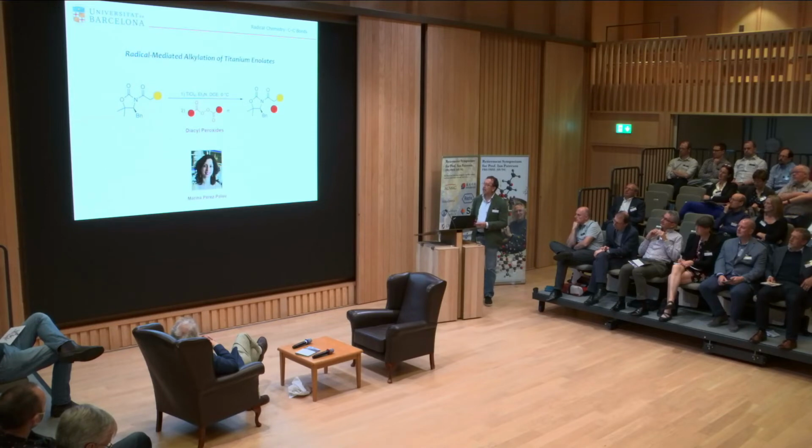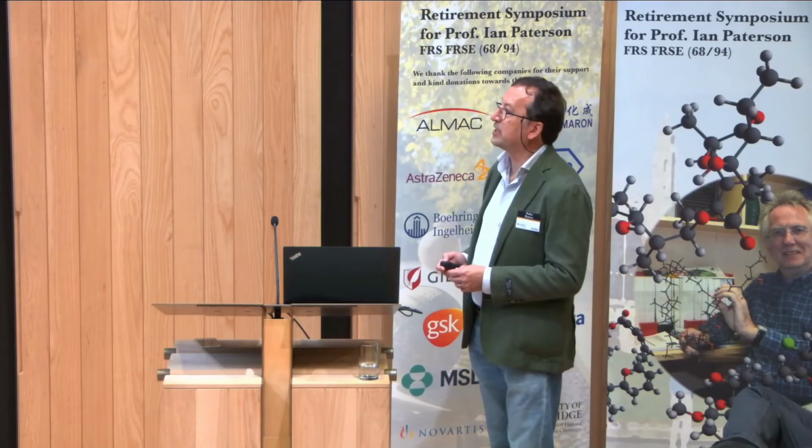At that time, one of our PhD students, Marina, joined the group, and she took the management of this project, and she was able to develop a new approach for the C-alpha alkylation of titanium enolates using diacyl peroxide.